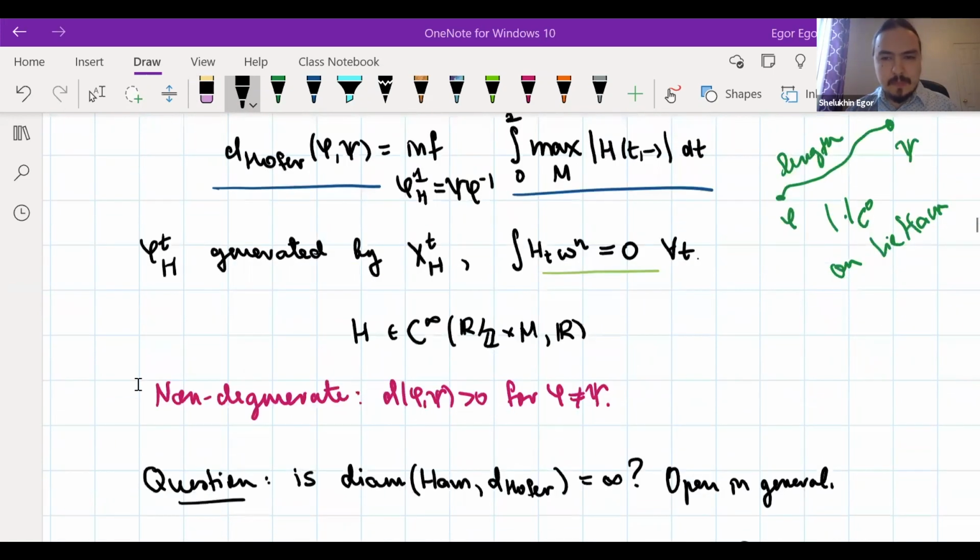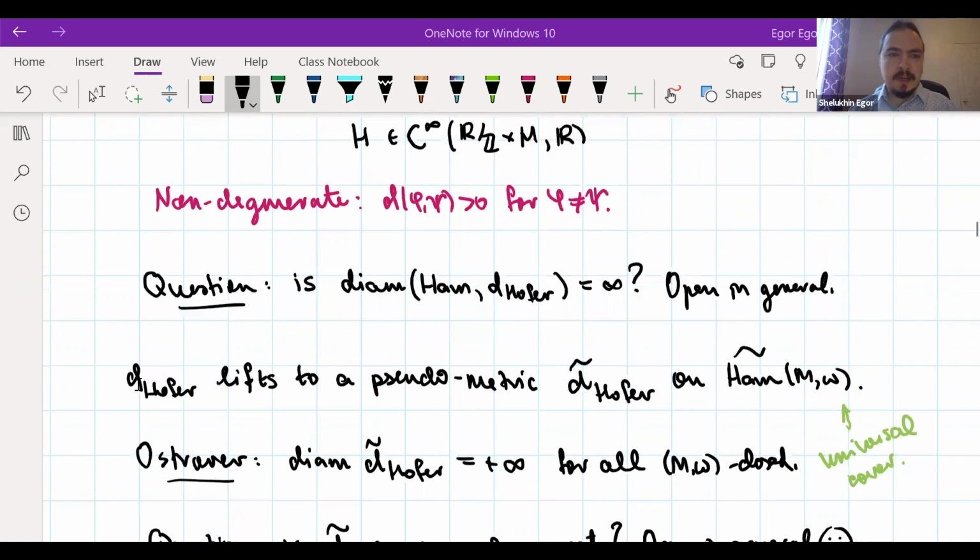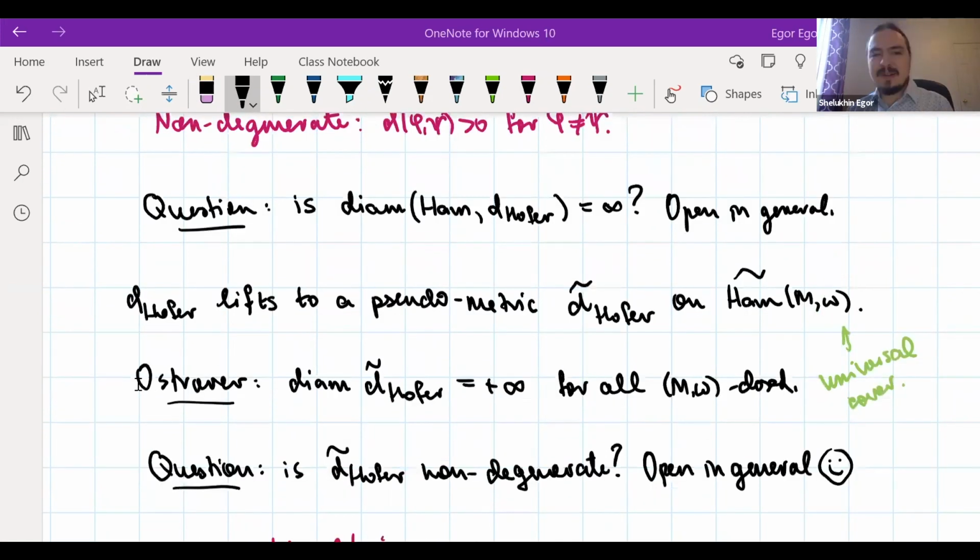Now, a general open question about the Hamiltonian group with the Hofer metric is whether its diameter is infinite or not. And we know it in many cases by now, but in general, it is open. What we do know in complete generality is that the version of the Hofer metric on the universal cover of the Hamiltonian group is indeed of infinite diameter for all closed (M, omega).